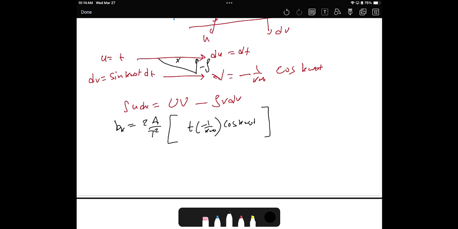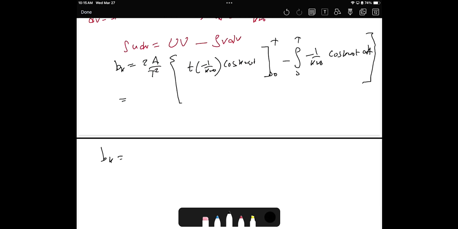Then the part between 0 and T, minus the integral from 0 to T of v du, v here being negative 1 over k omega naught times cosine k omega naught t dt. Then let's do the simplification. Before that, fix these brackets like this.